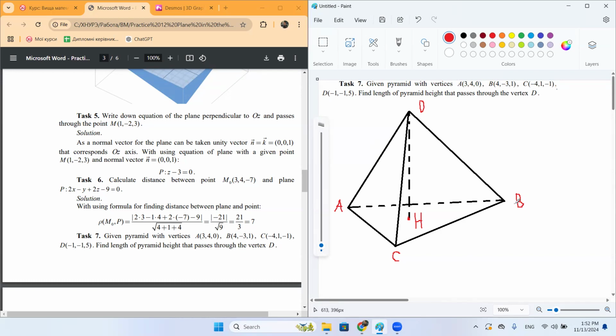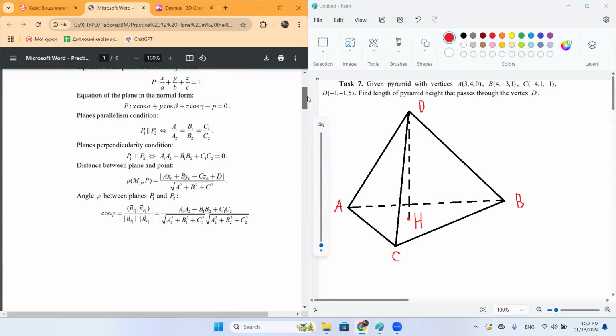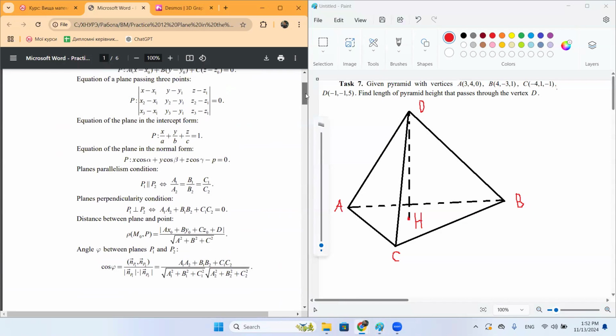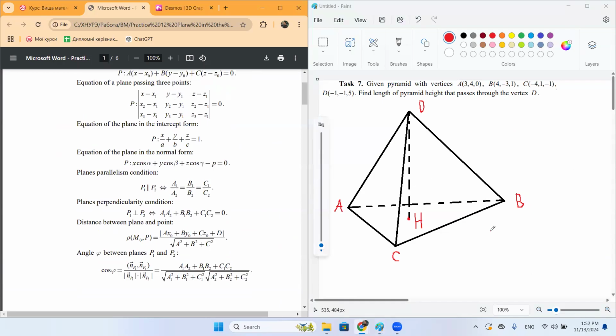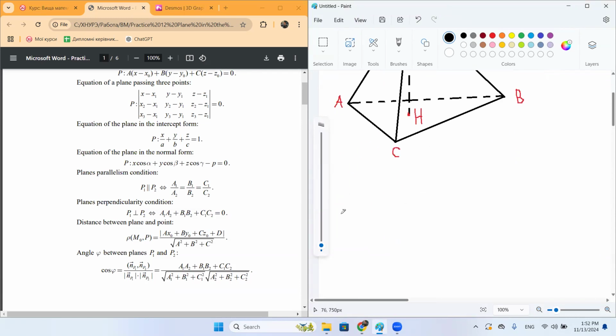Yeah, so we need to find the equation of this plane ABC based on these points, and then we just find the distance with the proper formula. And for the equation, I won't ask you which to use, because it's obvious that we will use this determinant, because we know 3 points. So let's start. Let's find it.